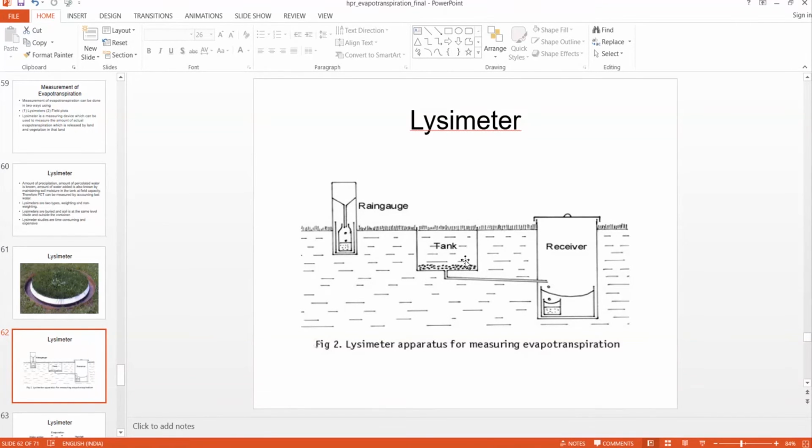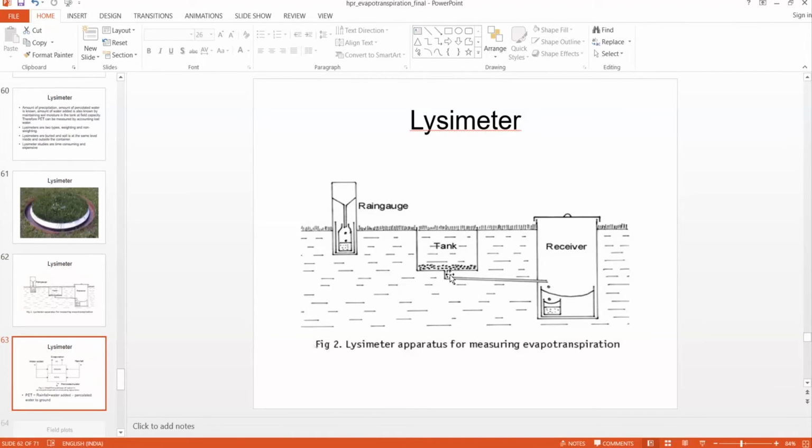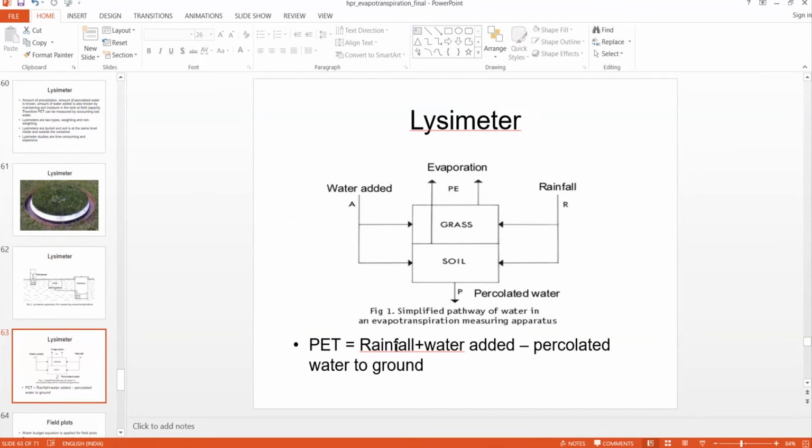So we know the total water added by rain and manually, and we know the water which is drained, which percolated due to gravity. So we can get potential evapotranspiration, which is equal to rainfall plus water added manually minus percolated water to the ground.